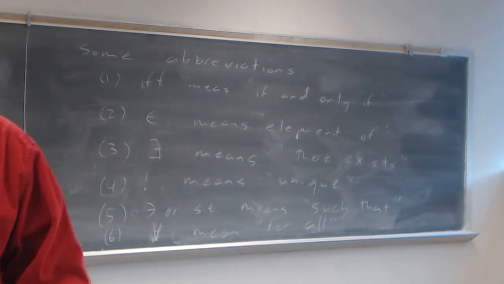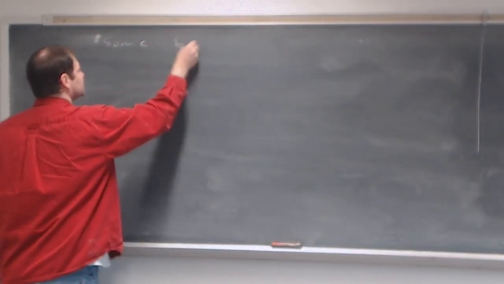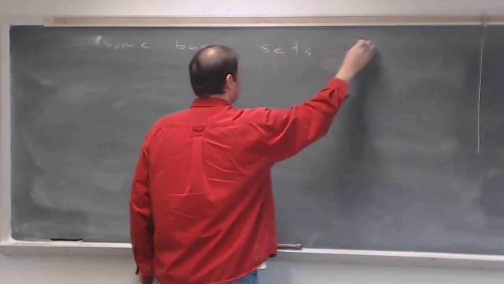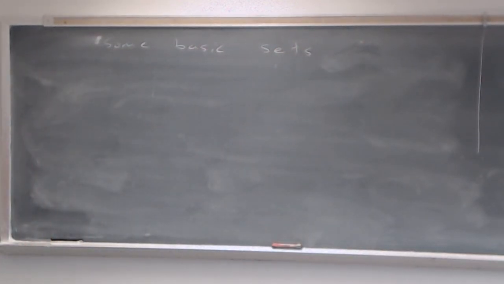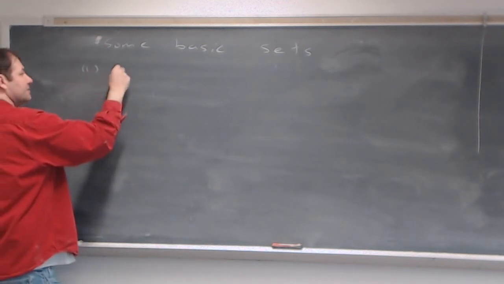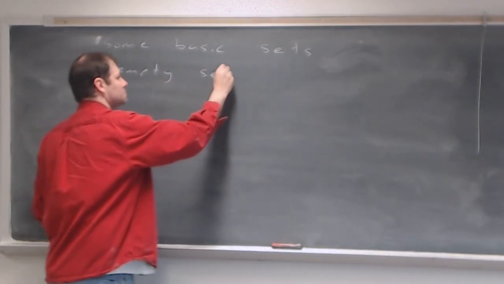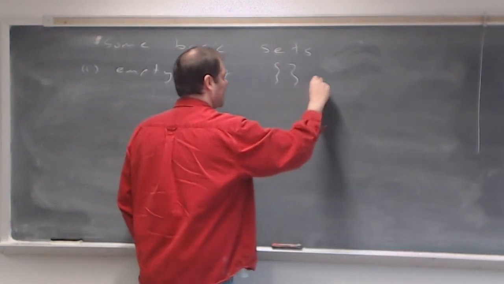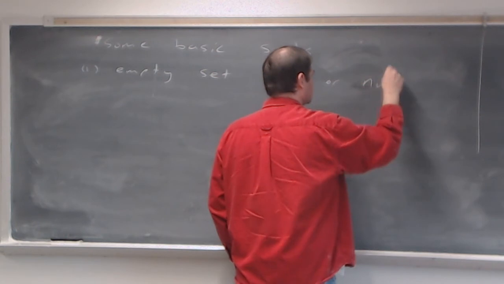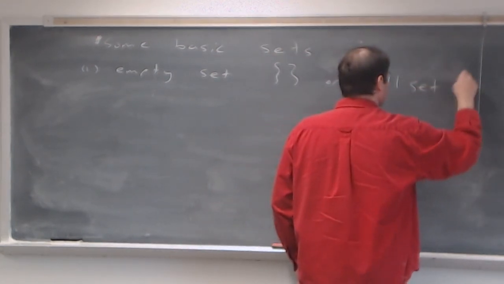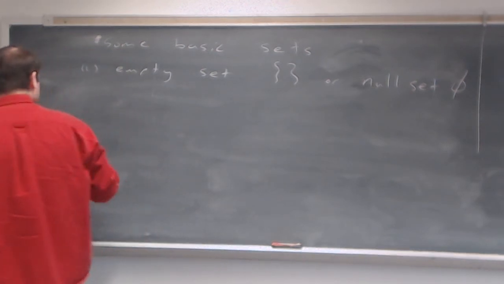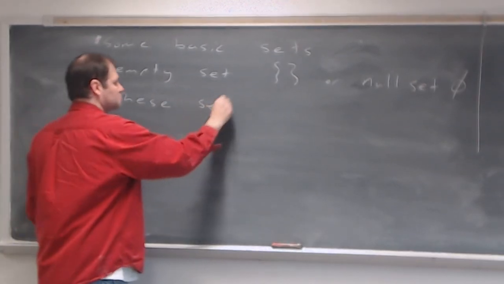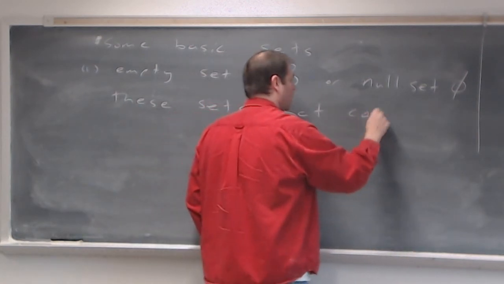I think the last thing I want to do before we get into beginning basic course material is to talk about some basic sets. First of all, we have the empty set, or null set. That's this guy, symbolized this way. These are sets that contain nothing, contain no element.